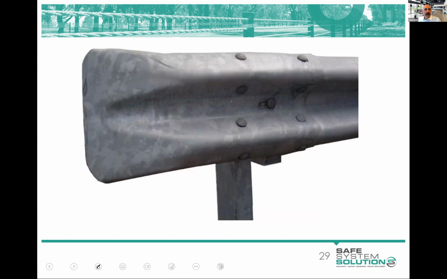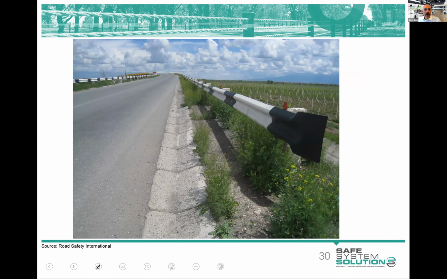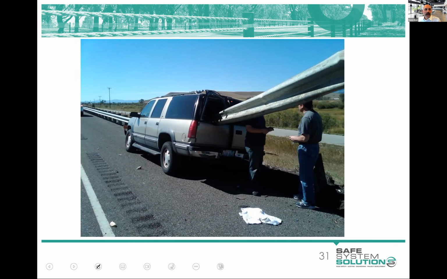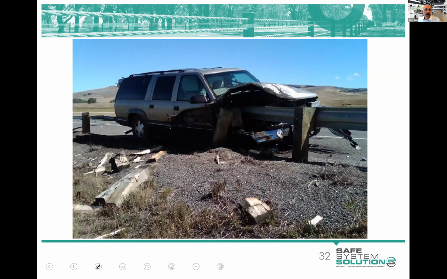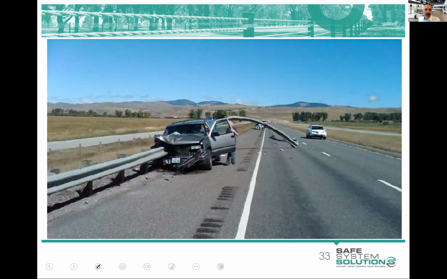Fishtail terminals, obviously, were bad and deployed quite a lot around the world. And I mentioned spearing. This is the kind of concern we've got. We're hitting the end of the terminal. If it's not appropriate, it'll spear through the vehicle, and off it will go.